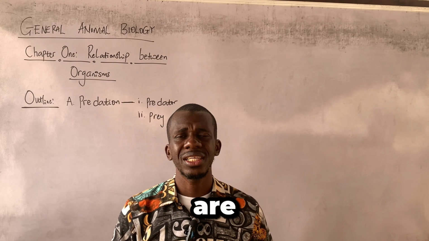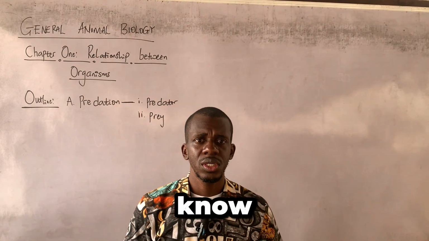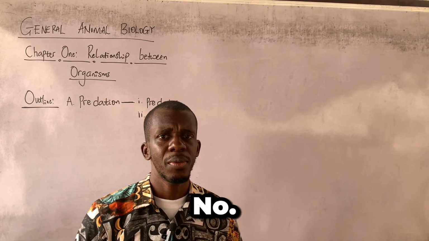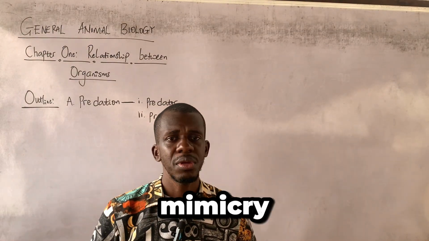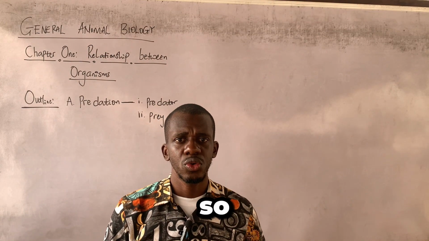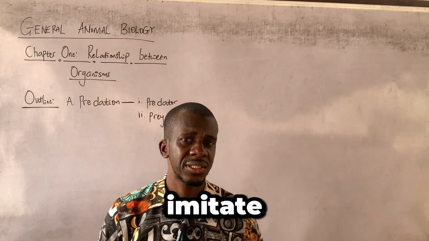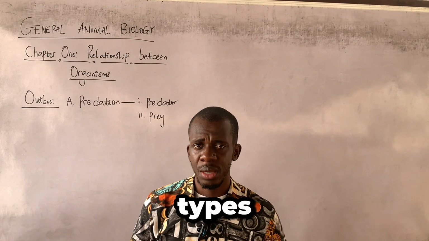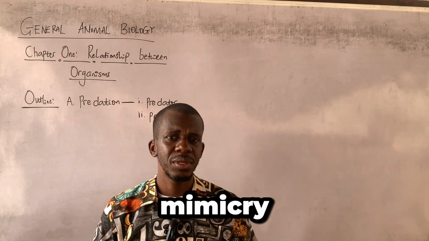Excellent. Now, what are the adaptations that prey possess that help them get past predators? Number one, prey possess something we know as mimicry. Okay, so mimicry, from the word mimic, means to imitate. All right, and there are two types: what is called the Mullerian mimicry and the Batesian mimicry.